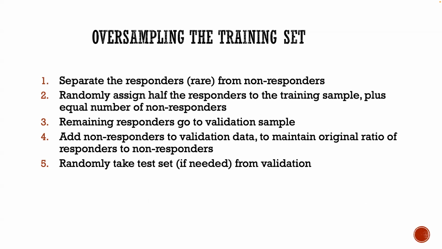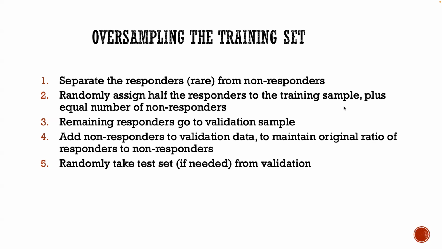So how do you oversample the training set? The rare cases are, let's say, responders, and the highly available class is non-responders. The way you create the training set is you separate the rare class from the non-rare class.